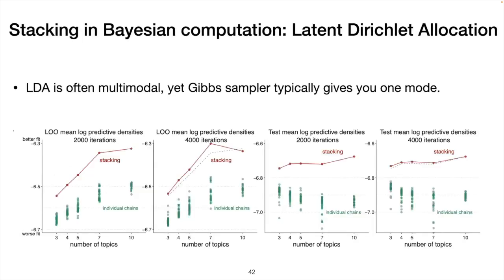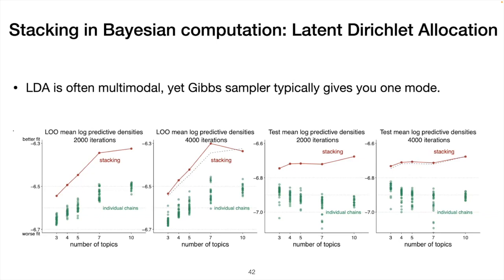So we did some experiments on how to use stacking in multimodal sampling. This is an LDA, latent Dirichlet allocation, example. It's often multimodal, and if you're running Gibbs sampling, you don't even know how many modes you have sampled from, because when you run Gibbs sampling, you often just run one chain. You only have one run. You don't have parallel evaluation.